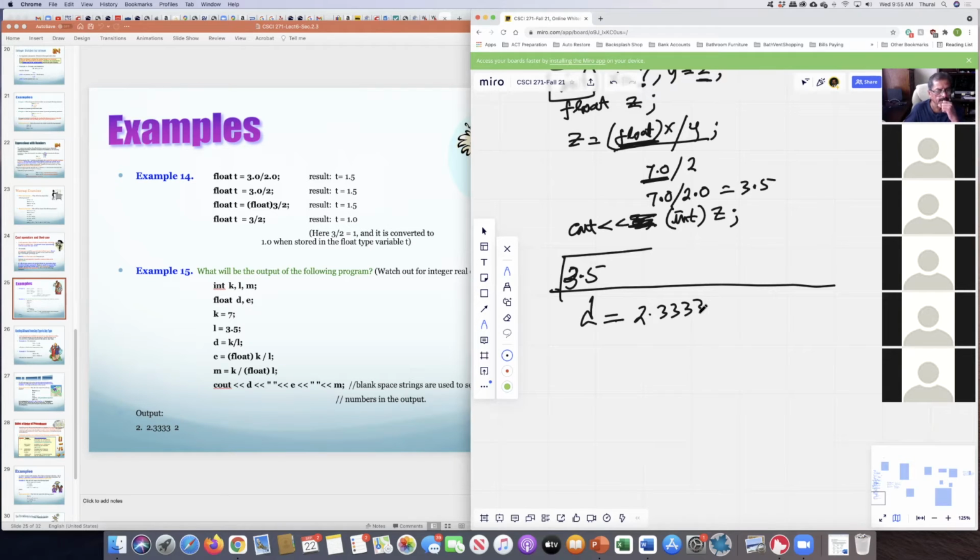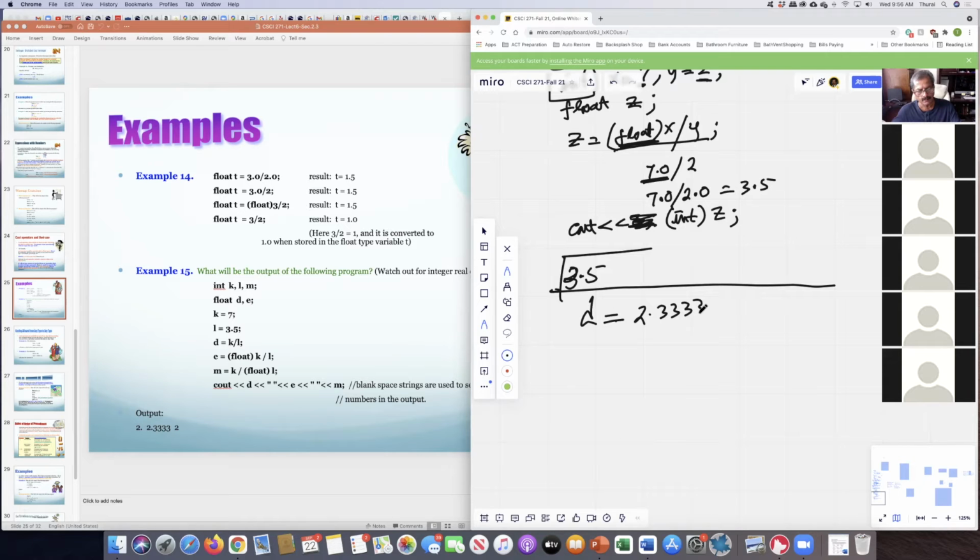And now going on to the next line, E equal to float K over L. Float K means converting the value of K to float, which is making it 7.0, and then dividing by 3.5. So still it's going to be the same answer. Converting K to float doesn't change anything. Only one of them needs to be float to get the right answer. And in the previous line, D equal to K over L, L is float. So therefore it produced the right answer.